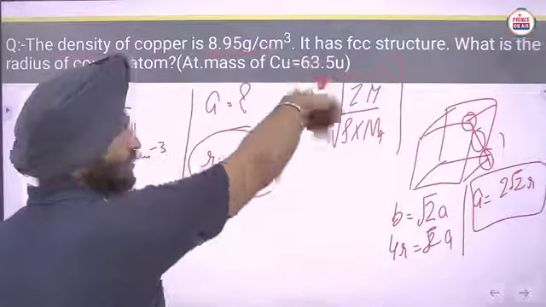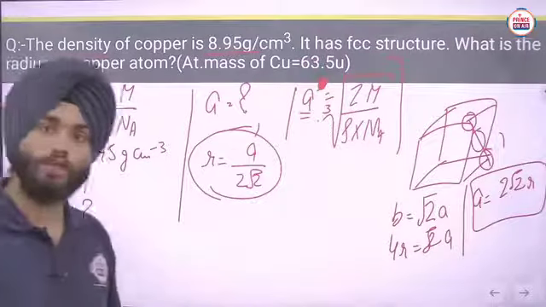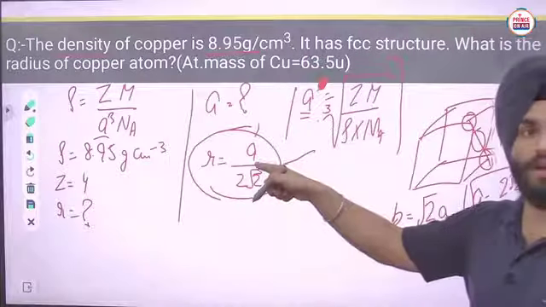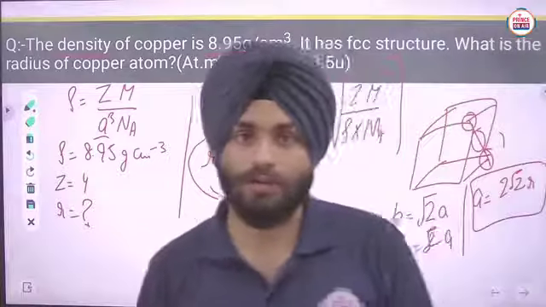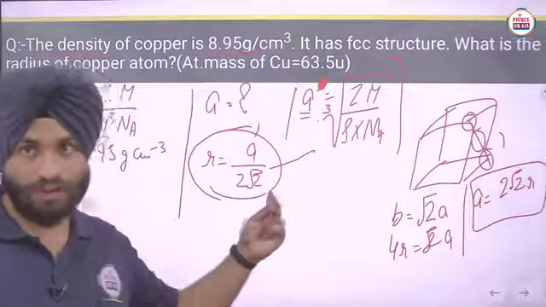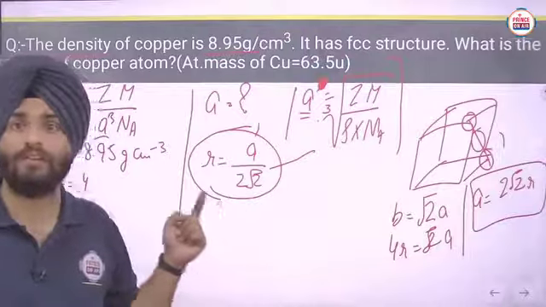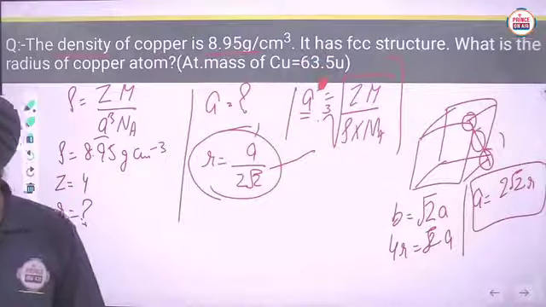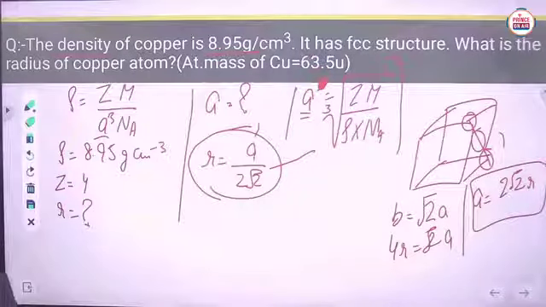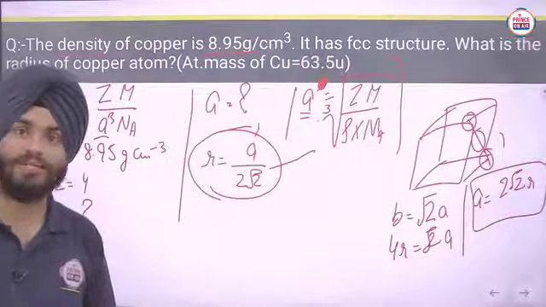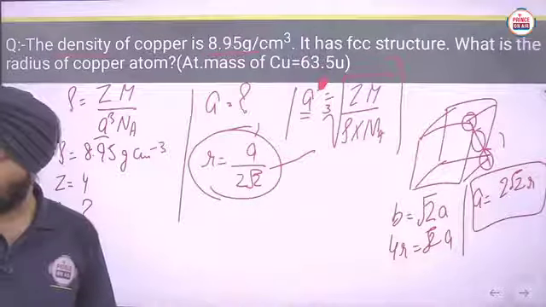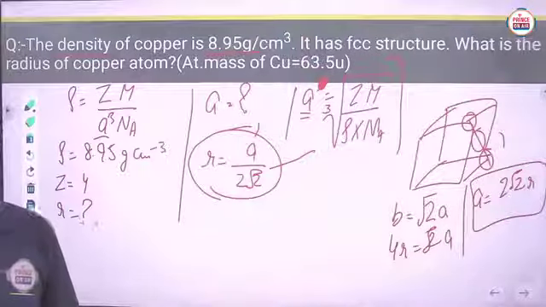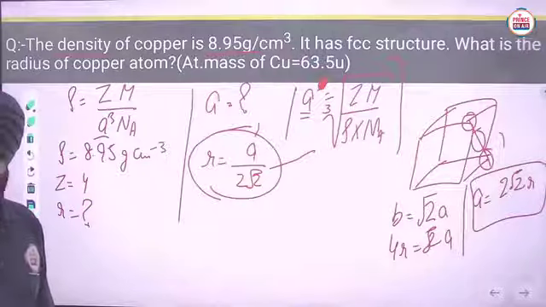So from this formula you can calculate the value of A, and afterwards put the value of A here and calculate the value of R through it. Try to solve this yourself. Clear? The answer will come out to be 128 picometer.